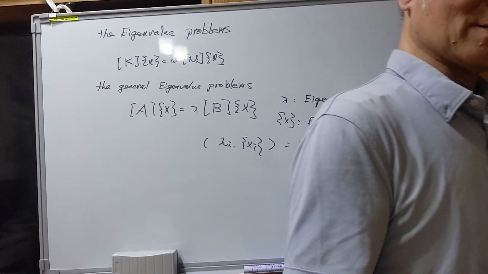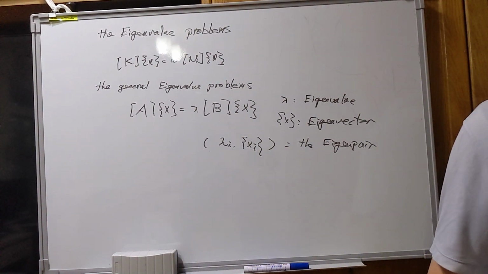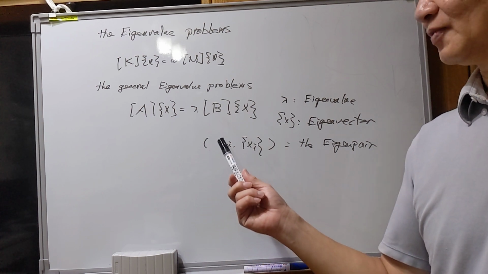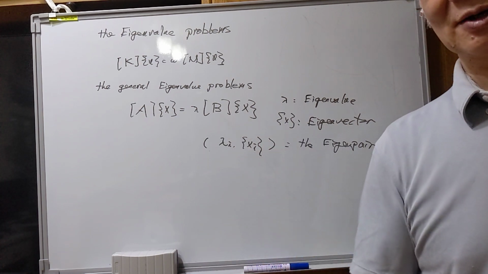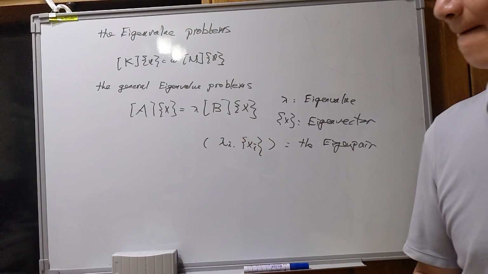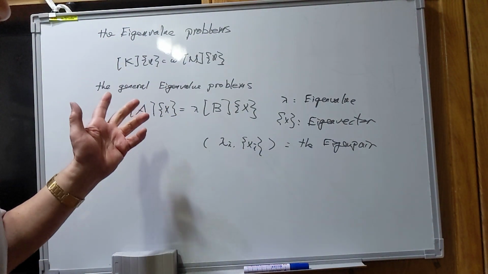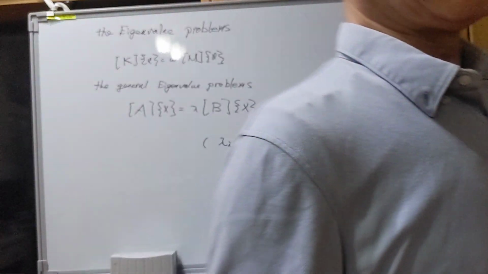If we combine the lambda_i and the corresponding eigenvector x_i, they will be called the eigenpair. Next, these are called the general eigenvalue problems.